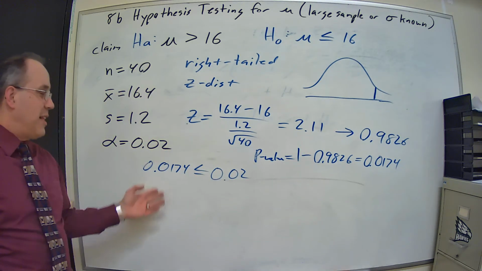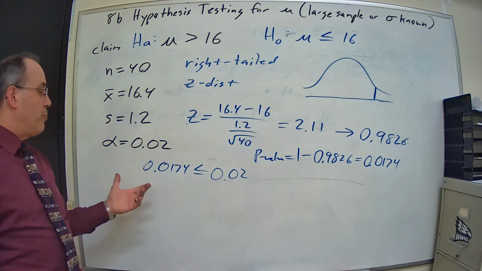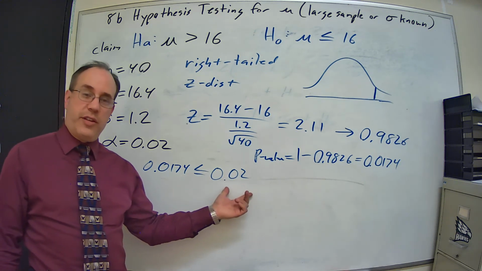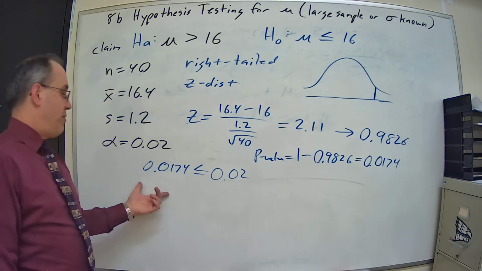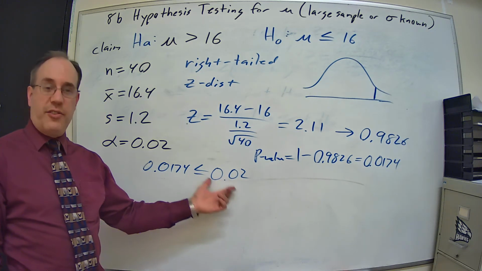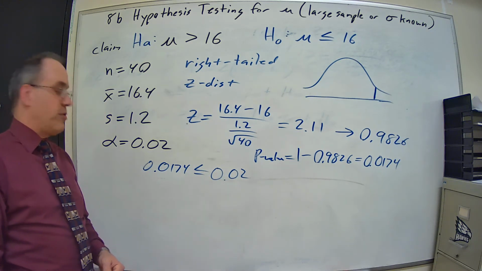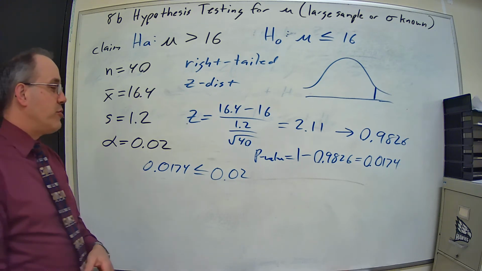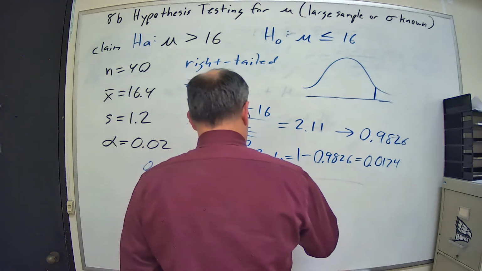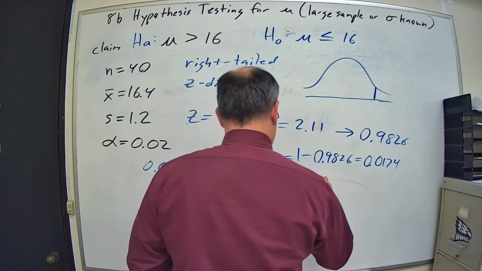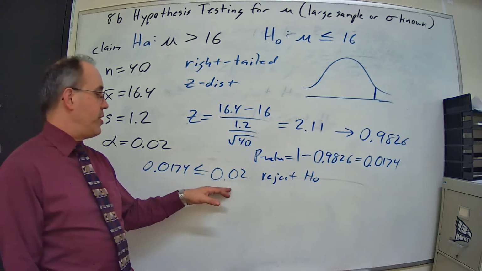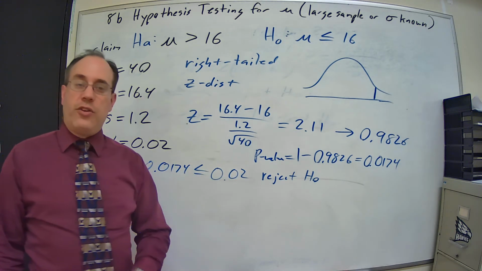Now obviously it's less than, it's not equal to, but remember our comparison is if the p-value is less than or equal to the significance level, then we reject. If the p-value is greater than the significance level, then we fail to reject. So here we will reject the null hypothesis, because that's what our comparison has told us. If the p-value is less than or equal to alpha, we reject the null hypothesis.